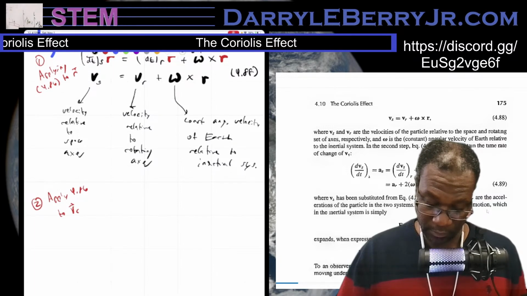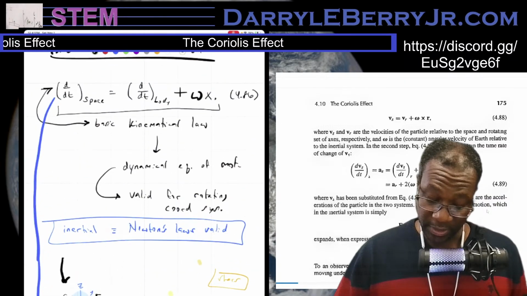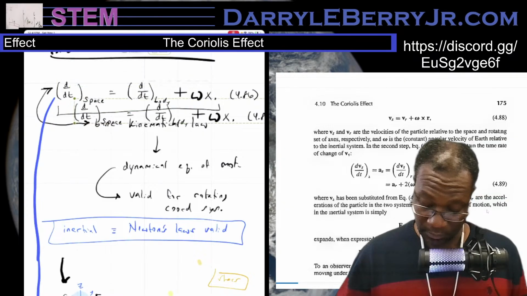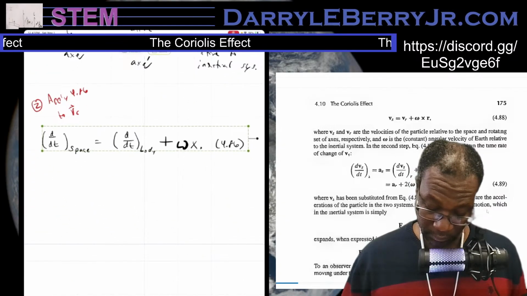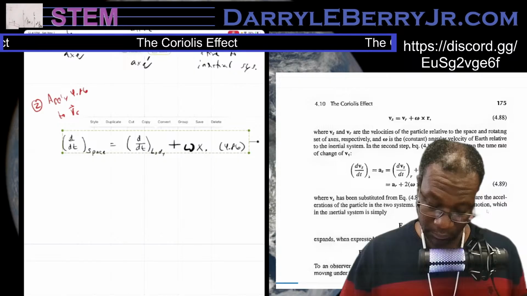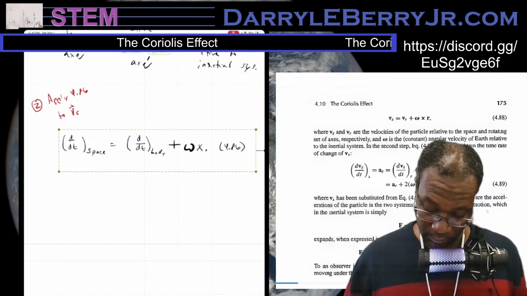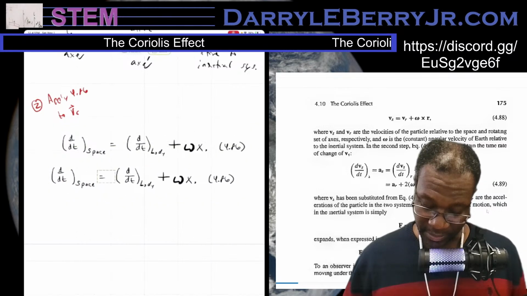Right? So again, 4.86 is this. This to V_S.